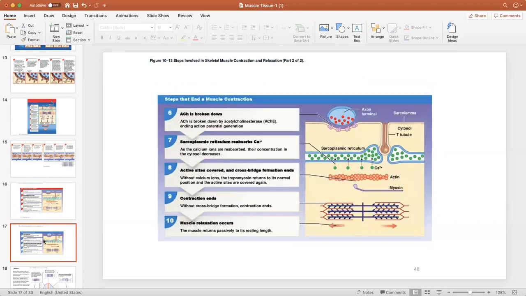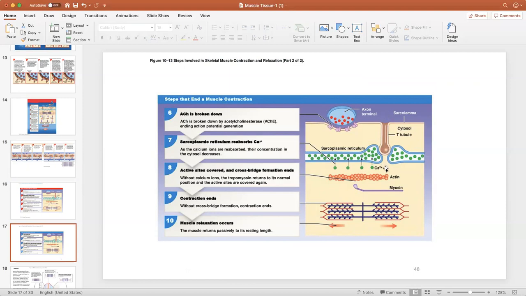Then when we need to stop muscle contraction, we have a decrease in action potential. So the acetylcholine goes away, sodium channels close back up. The sarcolemma is no longer depolarized.